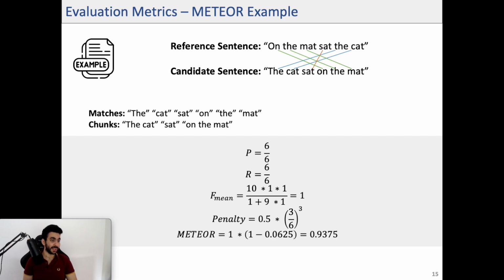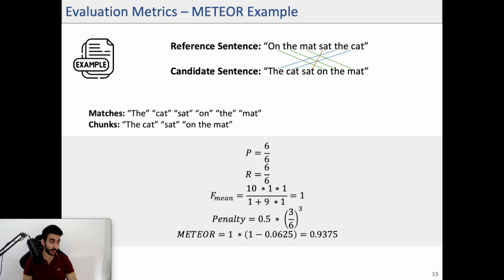And then the number of words in the generated summary is going to be 6. And then the recall is going to be, again, M over the number of words in the reference summary, which is in this example also 6. And then an F1 score, or sorry, not an F1 score, but an F score would be here 1.